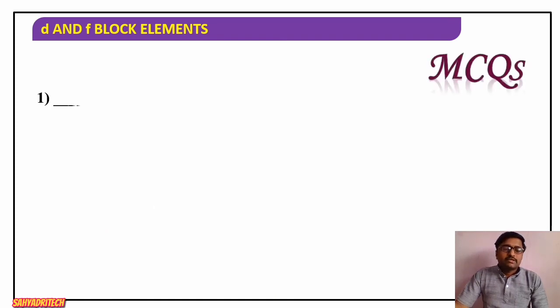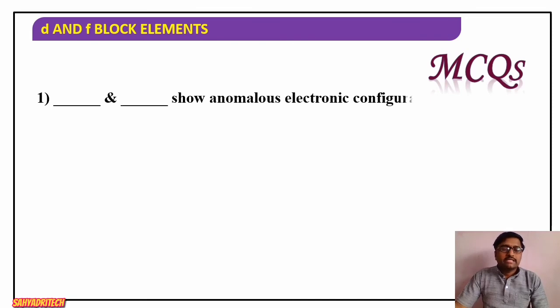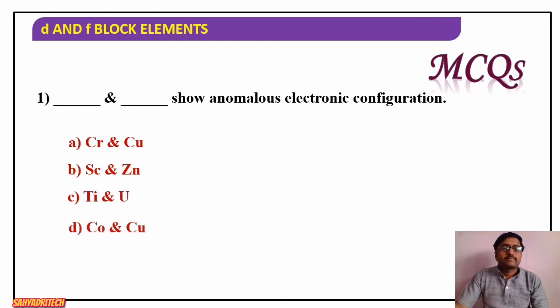Now, coming to the MCQ part, the first one: dash and dash show anomalous electronic configuration. Chromium and copper, scandium and zinc, titanium and uranium, cobalt and copper. So chromium and copper show anomalous electronic configuration.